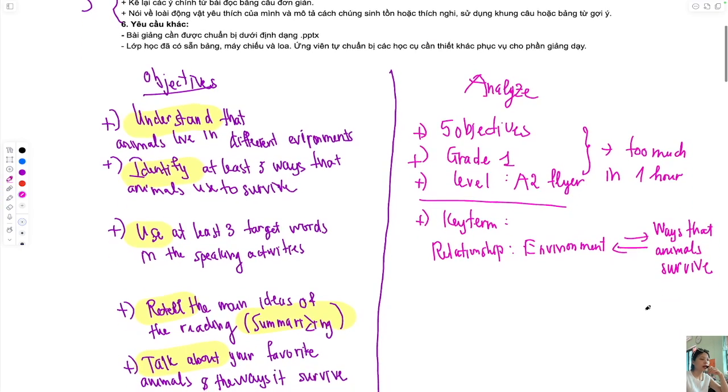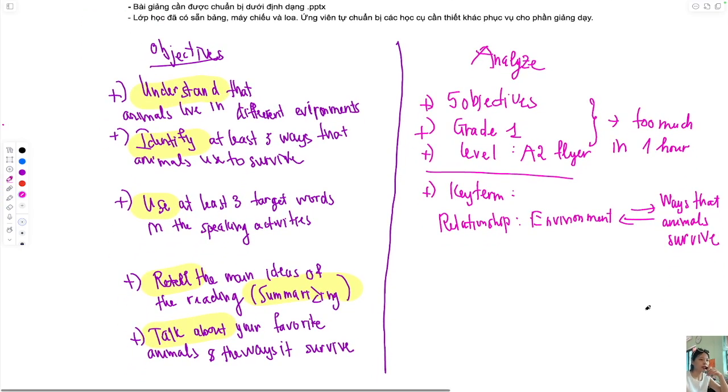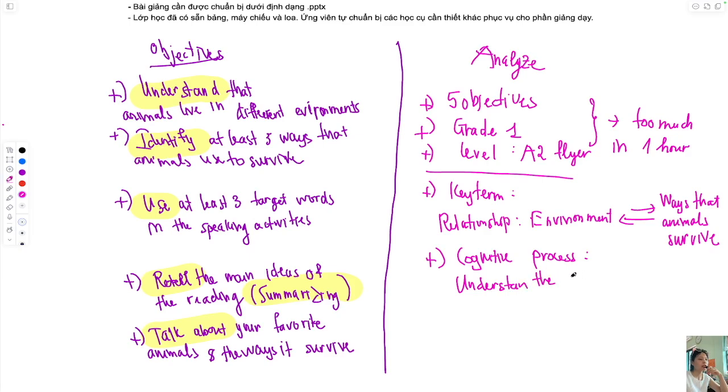So with that understanding, I know that the cognitive process should follow this order. Number one, understand the concept, which means the relationship between the environment and the ways that animals survive.